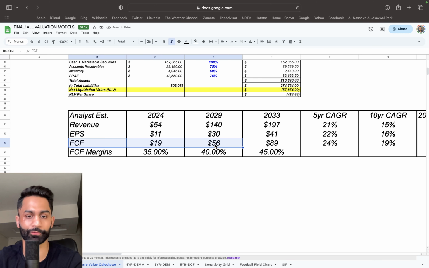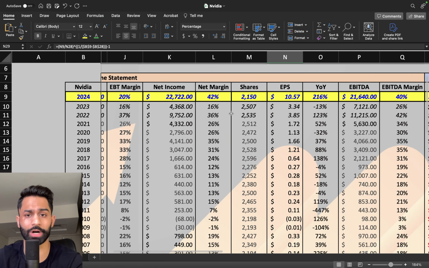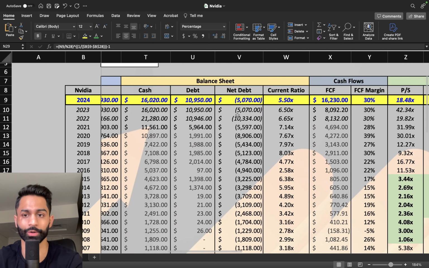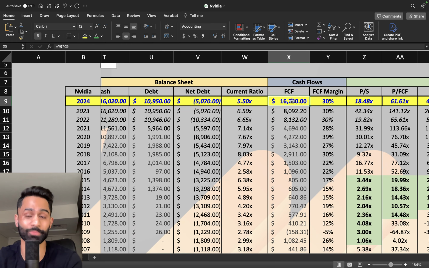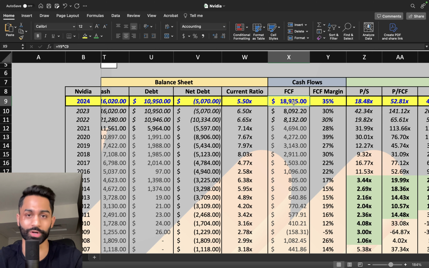And finally, we come over to free cash flow. $19 billion expected this year, which is going to grow to over $56 billion, and that's a 35% margin. Although I think I'm definitely being optimistic here for Nvidia. The expectations are actually 16.2 billion because they're expecting 30% margins. If I do 35%, we're back up to almost 19 billion, as I showed you on the other screen.